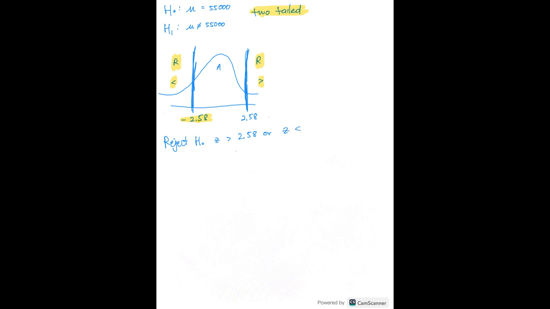You can calculate your Z statistic. Remember, it's x bar minus mu, if it's a mean, over the standard deviation over the root of n. All your values are given to you here: x bar, mu, standard deviation, n.